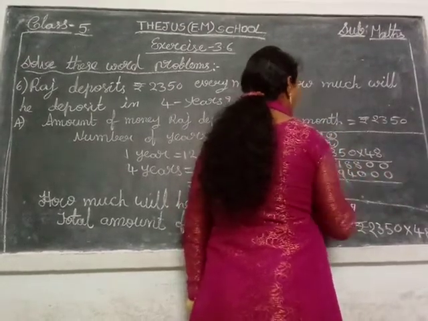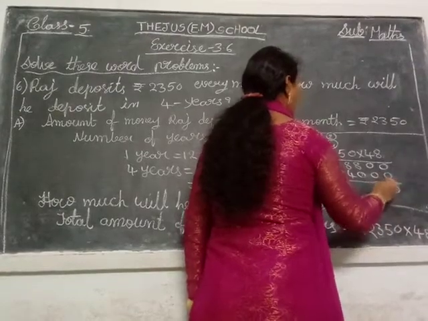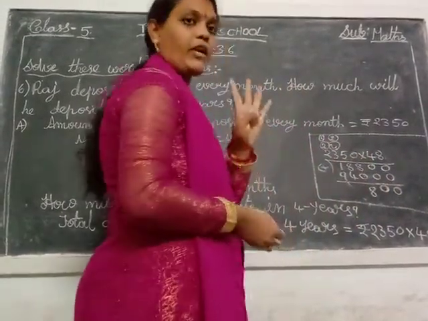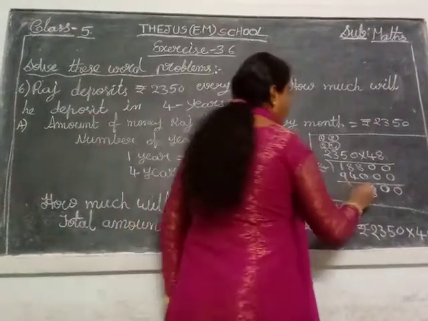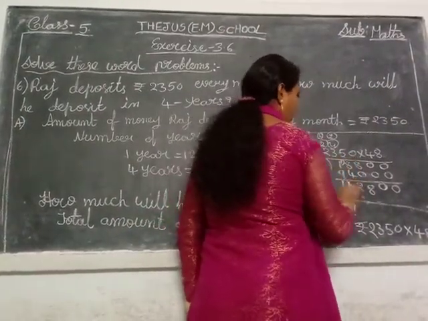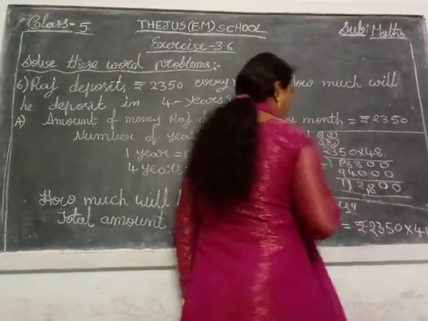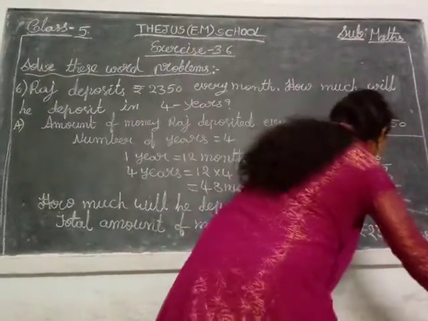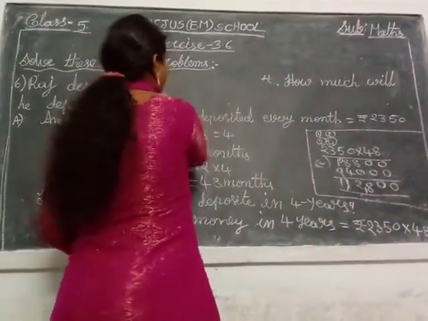So add these numbers. 0, 0, 8 plus 0, 8. 8 keep in your mind, 4 fingers, 8 after 9, 10, 11, 12, 2 and 1. 9 plus 1, 10, 10 plus 1, 11. So 1,12,800 rupees. So I erase this question, children.